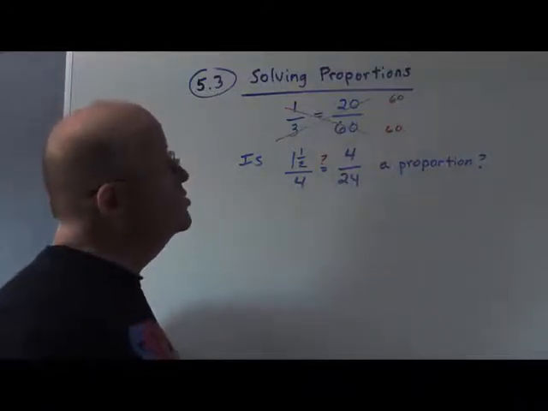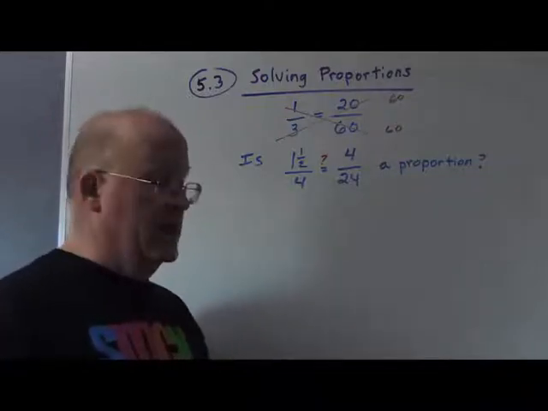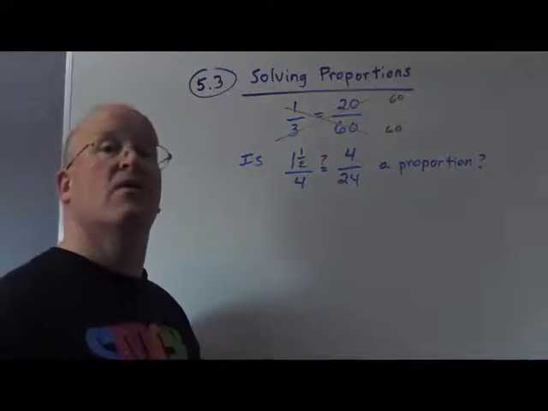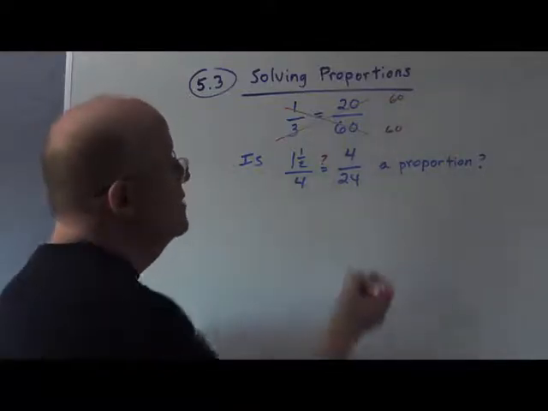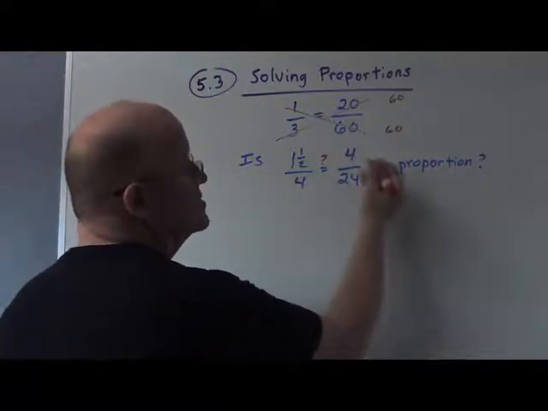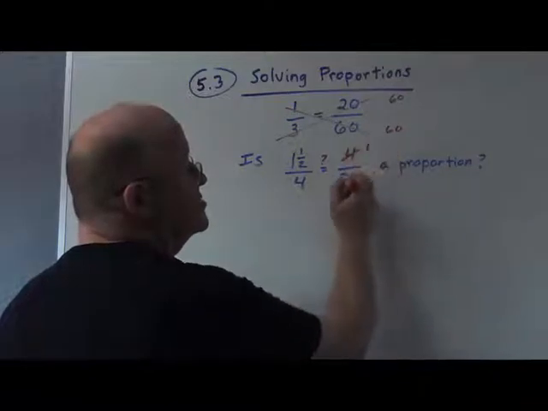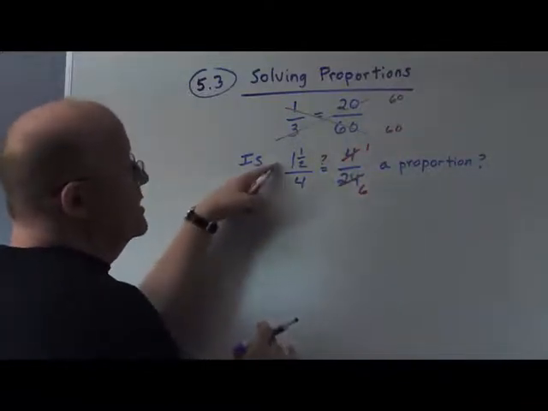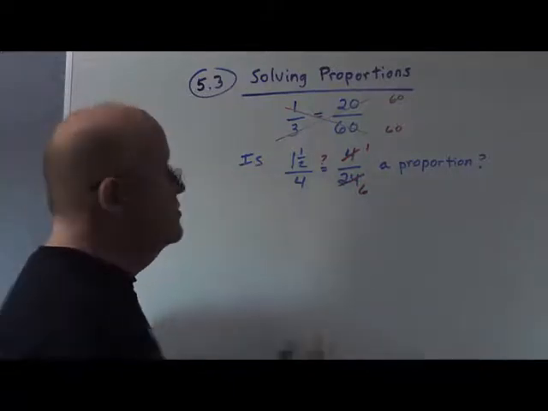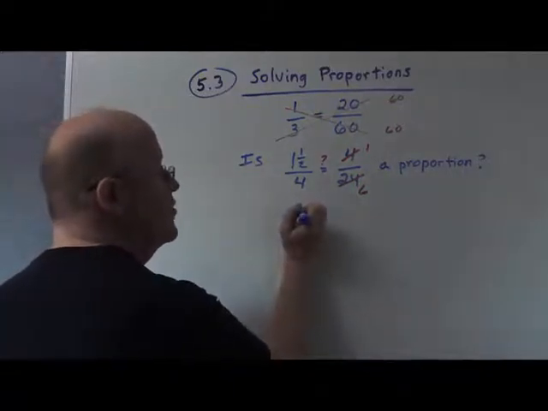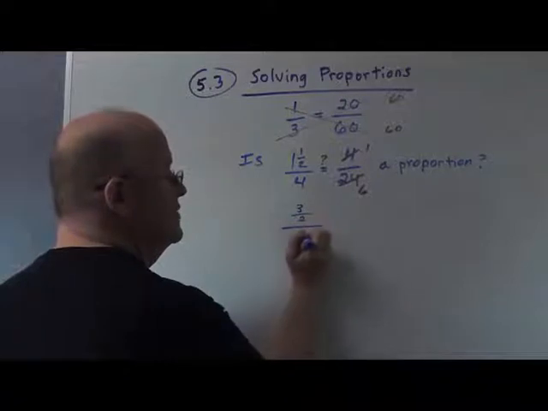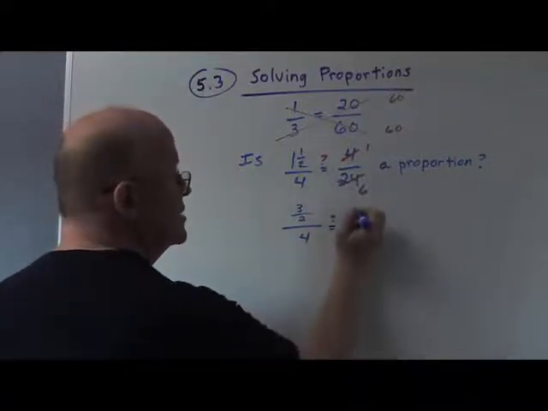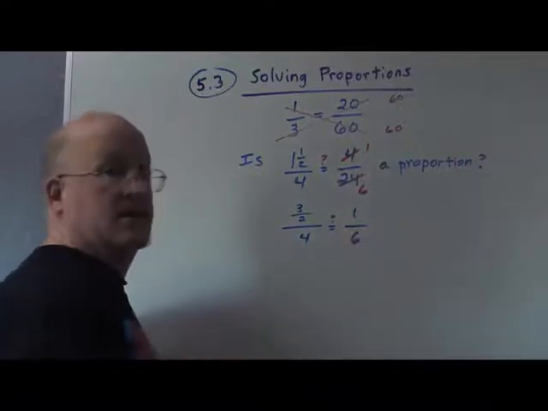What I like to do to keep the numbers small is I like to reduce any fractions I see here before I try and do any solving. 4 goes into 24 6 times, so I can reduce that to 1/6. And rewriting the upper left corner here as an improper fraction, I would have 3/2 to 4. Is that question mark over my equal sign equal to 1/6?